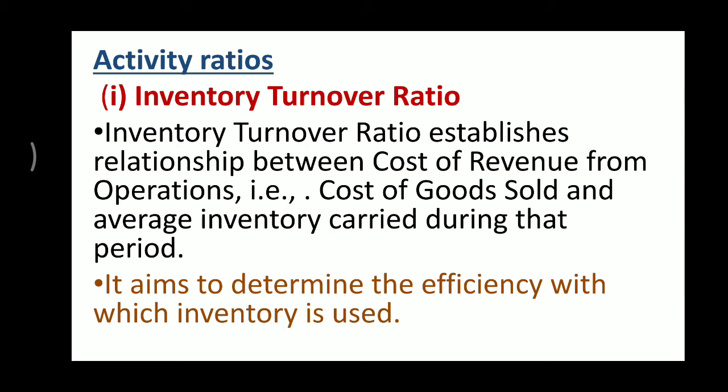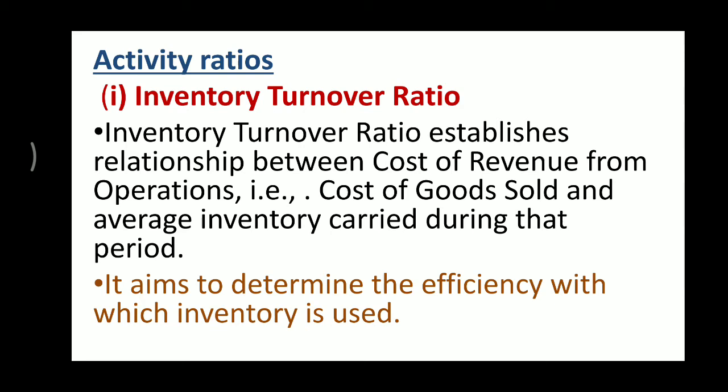Inventory turnover ratio establishes the relationship between cost of revenue from operation and average inventory. In simple words, inventory turnover ratio is equal to cost of revenue from operation divided by average inventory. Again I want to mention that in case cost of revenue from operation is not mentioned in the question, in its place we can use revenue from operation or sales.